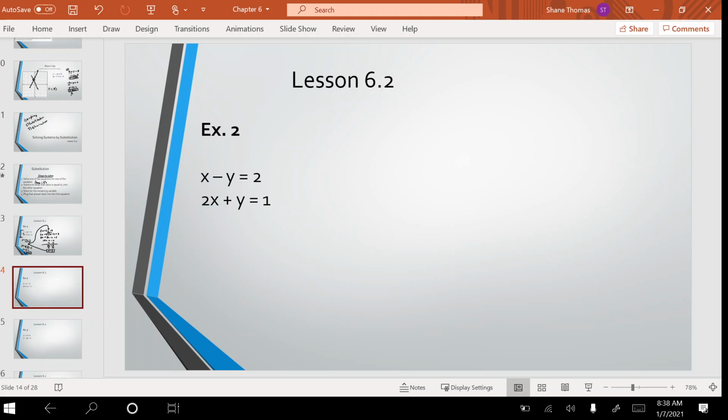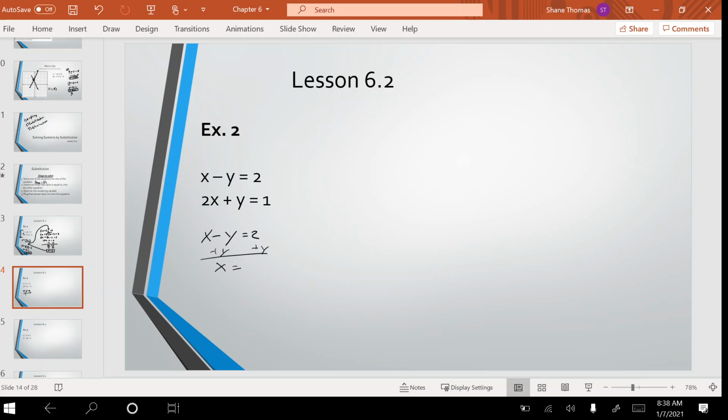So I'm just going to use this first equation, and x is positive, so how about we just get x by itself? Does that work? Okay, last time we had y by itself, this time we'll get x by itself. It does not matter. All right, so I'm going to take the first equation, x minus y equals 2. I'm going to get x by itself, so I'm going to add a y across, boom, boom.